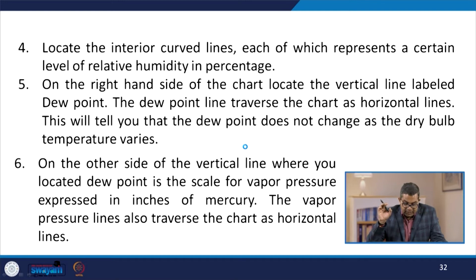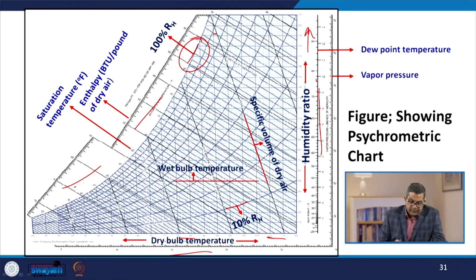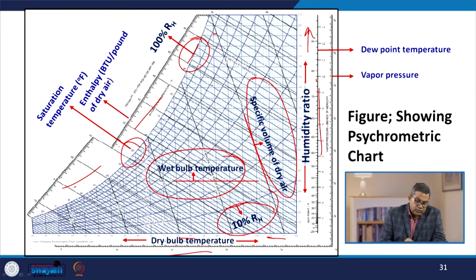On the other side of the vertical line, where you find the dew point, is the scale for vapor pressure expressed in inches of mercury. The vapor pressure lines also traverse the chart as horizontal lines. So here you see the wet bulb temperature, the specific volume of dry air, the saturation temperature, and you may find the enthalpy.